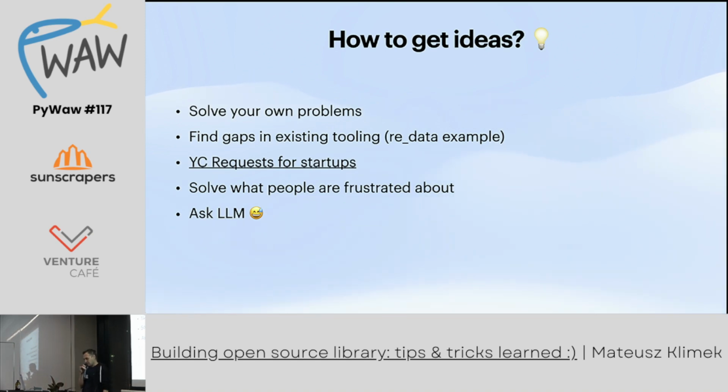The second thing is that, okay, maybe there are already some tools in the space. Overall, there are a lot of companies doing products, a lot of open source. So for example, for TreeData, I knew that there was this data observability movement when everybody wanted to detect what's going on in their pipelines, detect problems in the data, etc. There were some early adopters in this space, some companies doing SaaS business.